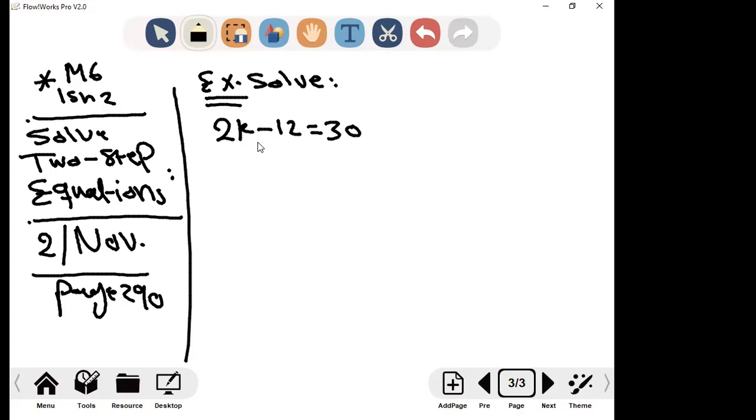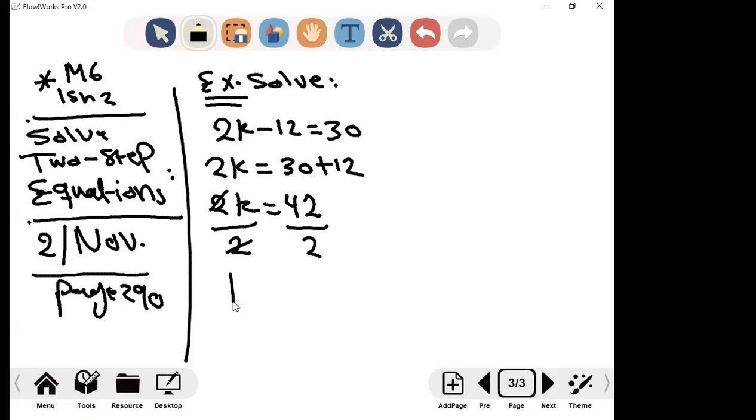First step, we need to get rid of the constant number by shifting it to the other side. It will be positive, as we did in addition and subtraction equations. Then the 2, the coefficient, we divide by it in the second step. So the first step, we shift the negative 12, it will be 30 plus 12. So 2k equal 42. Now the second step, you need to divide both sides by the coefficient, which is 2. So k equal 21.